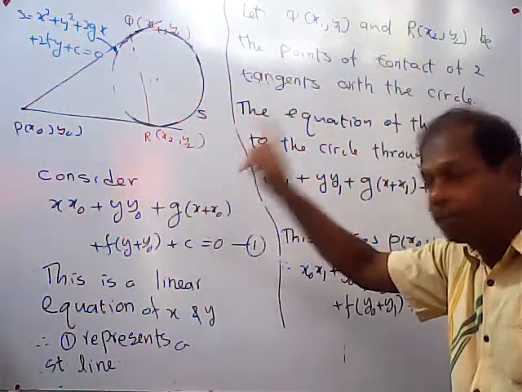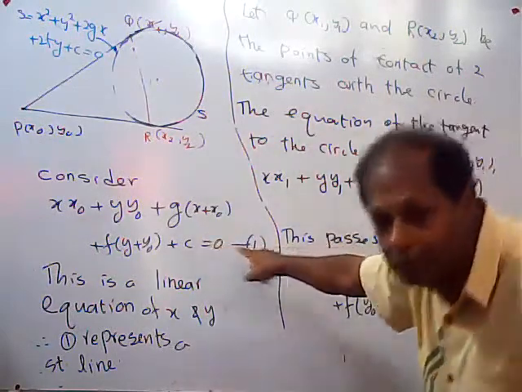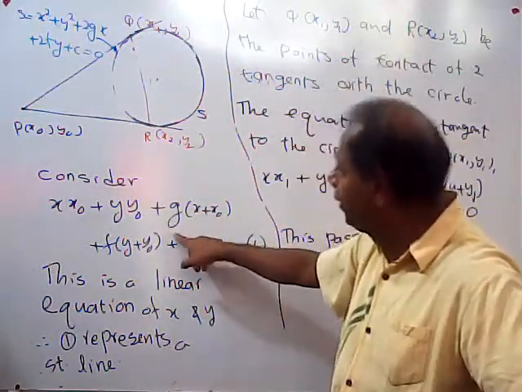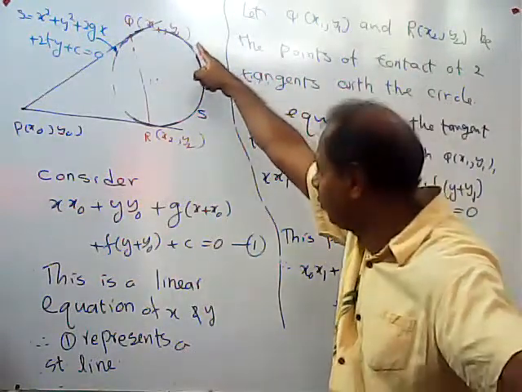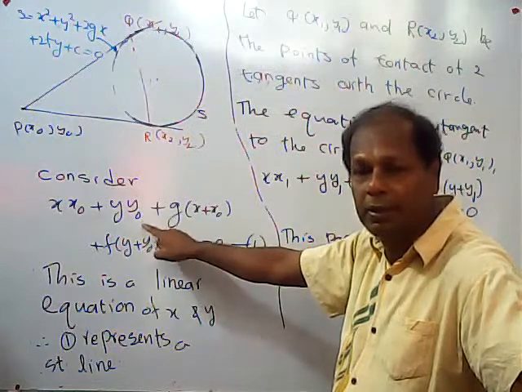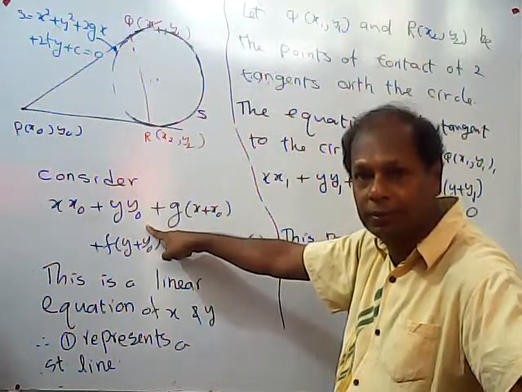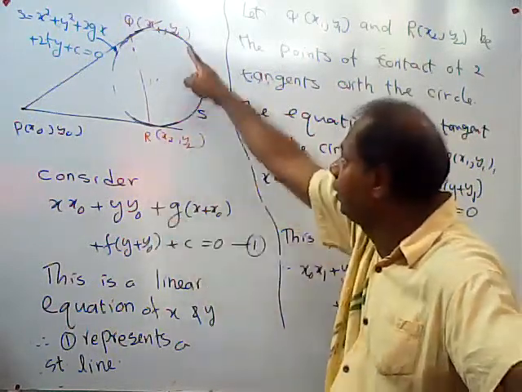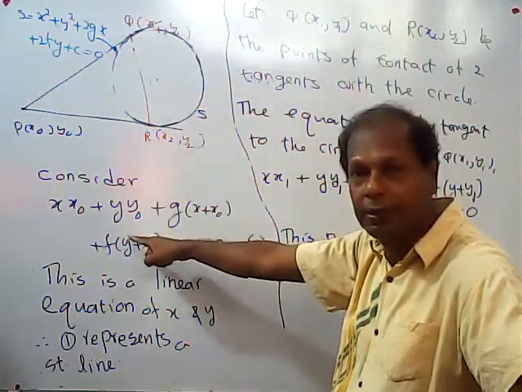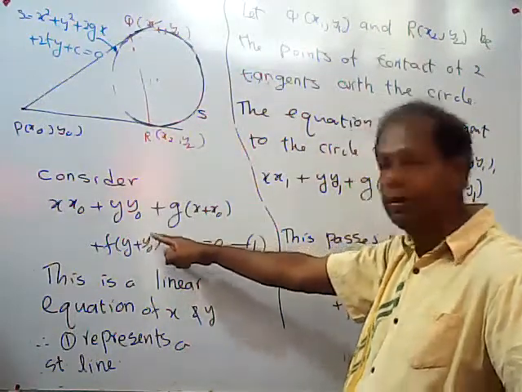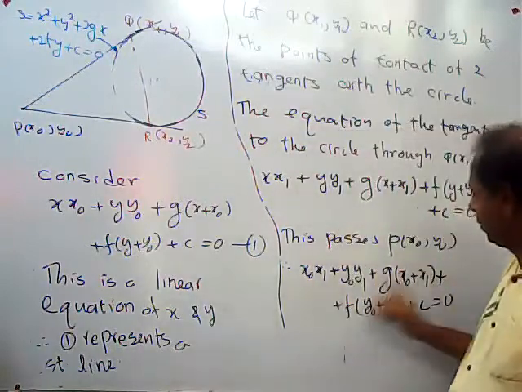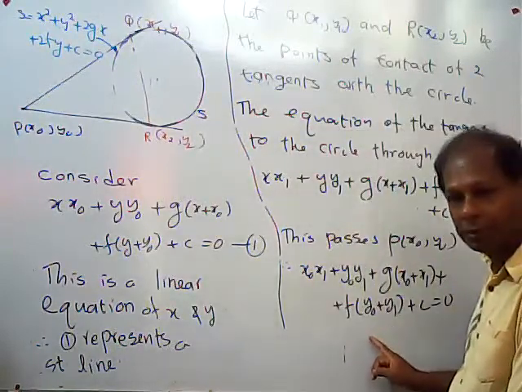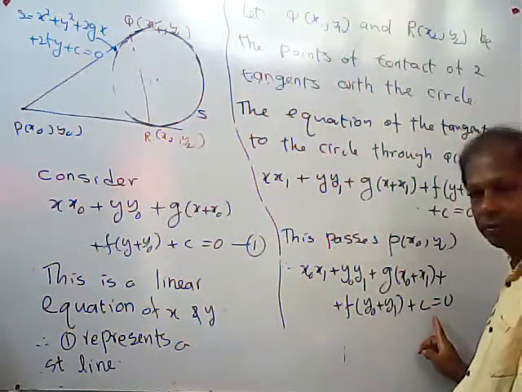And what happens if we apply the point Q x1 y1 in this straight line? Applying the point Q x1 y1 in this line, if you notice that we get the same equation as we got here, and we know that it is equal to 0.